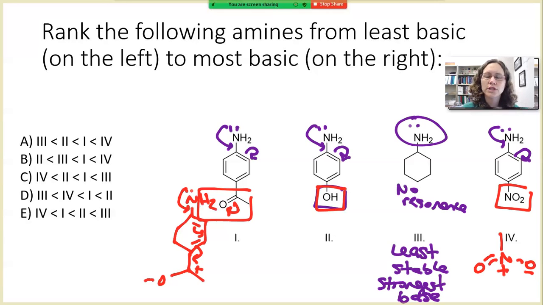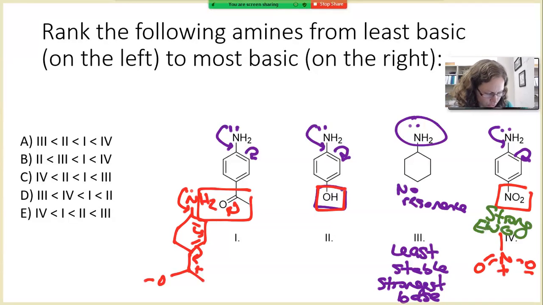So the question here is basically, which group is going to pull the electron density stronger. So this is really helpful in thinking about directing effects. Like way back when we started to think about, how do these different substituents impact directing effects? And nitro groups were considered strong electron withdrawing groups.